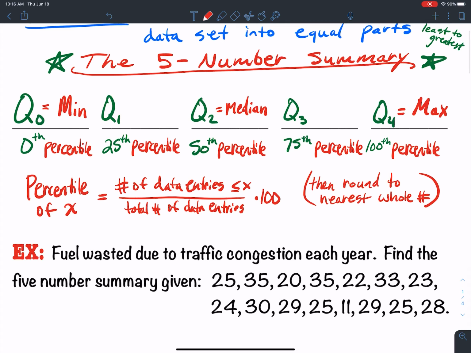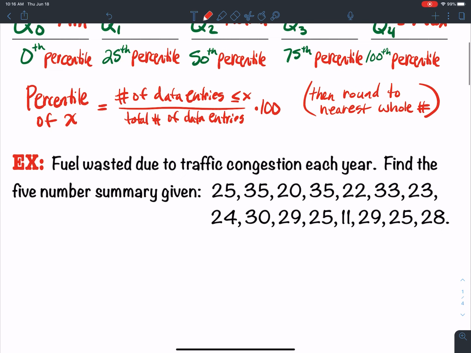So to show you an example of the 5-number summary and how we find this, let's take an example of fuel wasted due to traffic congestion each year. So just sitting on the freeway, you're burning gas, running your air conditioner, whatever. Fuel is getting wasted every year. We want to find the 5-number summary.